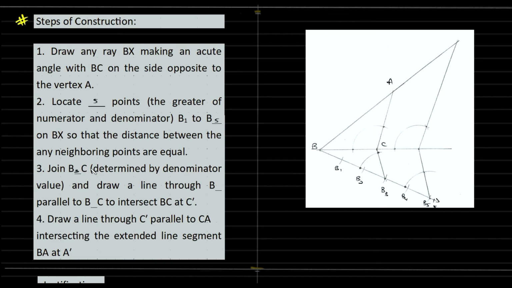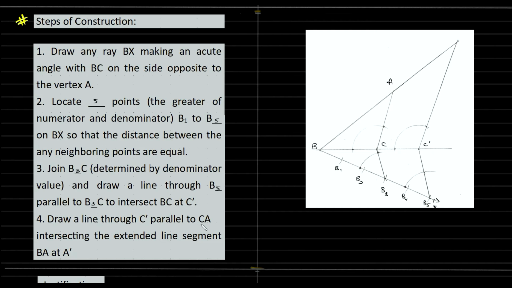Join B3 and C; the 3 value is determined by the denominator. And draw a line through B5 parallel to B3C to intersect BC at C dash.